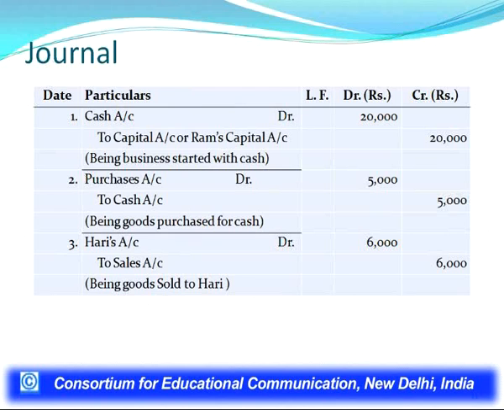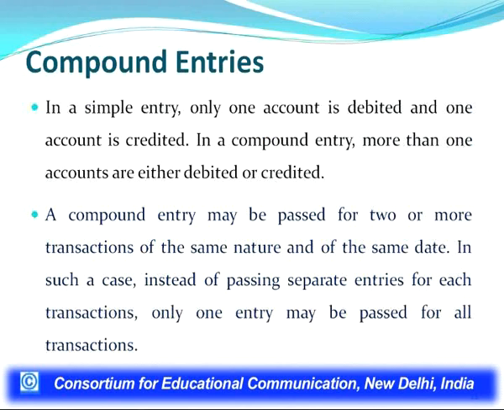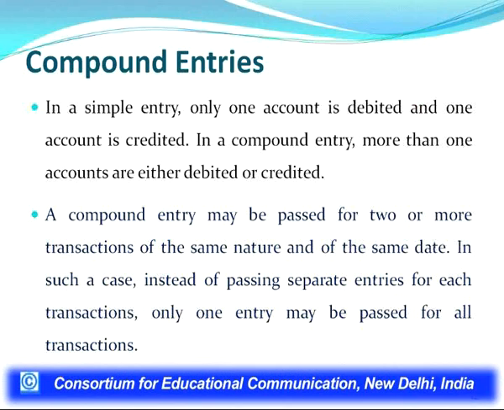In the last session we explained some transactions, some simple entries and compound entries, common business transactions. In simple entries, only one account is debited and one account is credited. While in case of a compound entry, either one account is debited and two or more accounts are credited, or vice versa, two or more accounts may be debited and only one account may be credited.